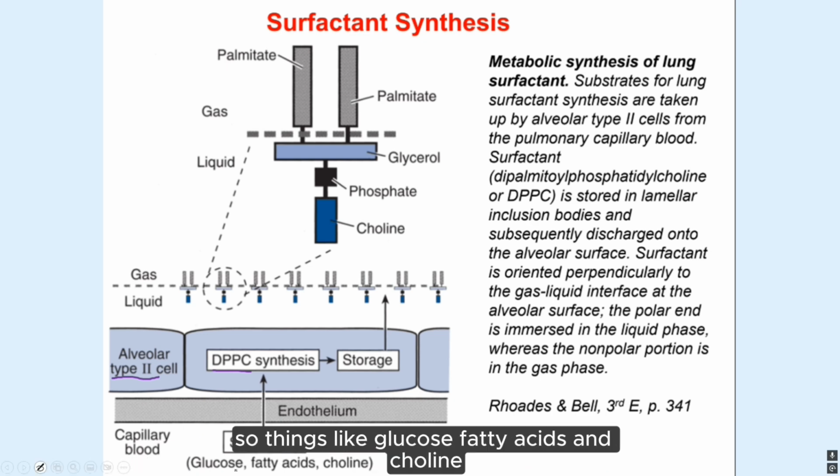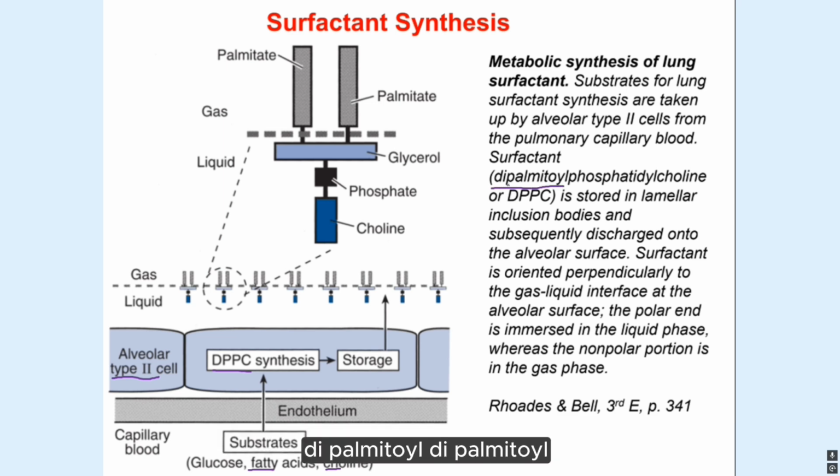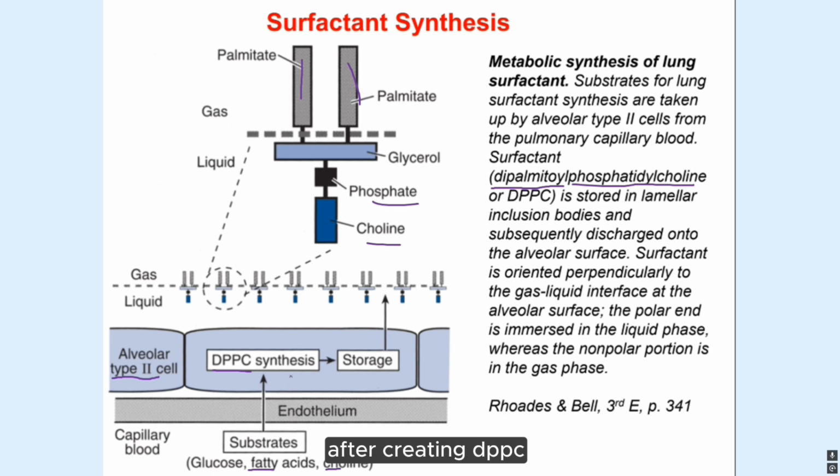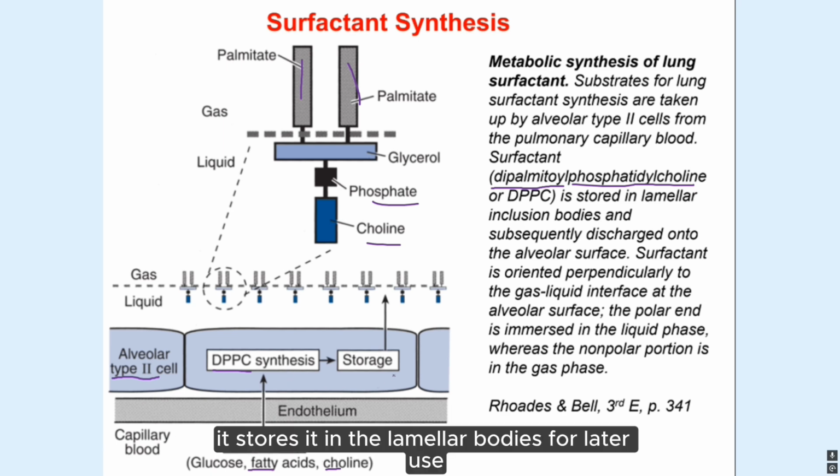So things like glucose, fatty acids, and choline. After picking them up, it creates DPPC. Dipalmitoyl because it has two palmitate, and phosphatidyl because it has a phosphate and a choline group. After creating DPPC, it stores it in the lamellar bodies for later use.